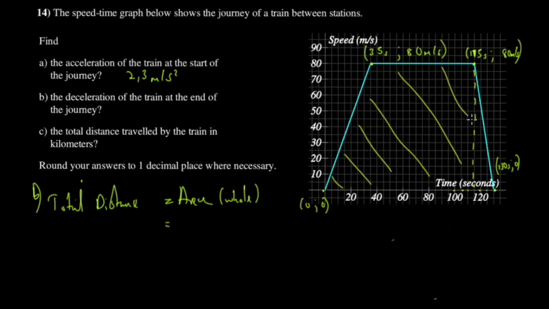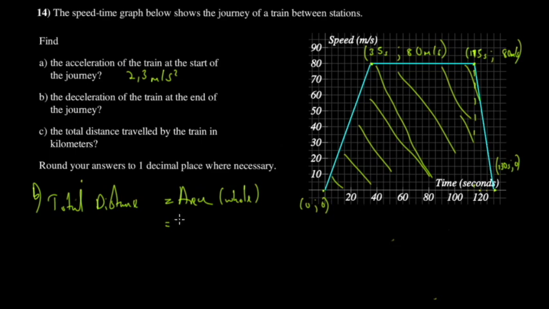The first thing you need to do is identify what shape you're dealing with. This is actually a trapezium, because this side and this side are parallel. Sometimes you can break the shape down into segments so that you can calculate the total area, but for this one, don't worry. This is simply a trapezium.